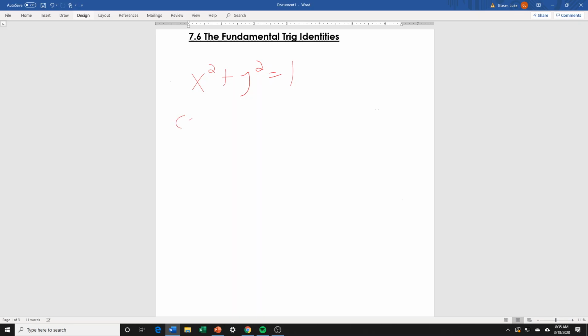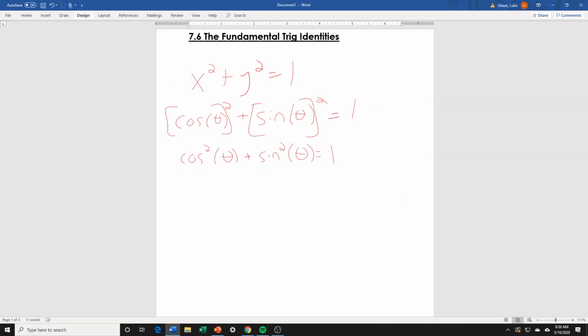Instead of x, it's going to be cosine of theta squared plus sine of theta squared, put those in brackets, equals 1. And because you're going to see it like this, I'm going to rewrite it into the terms they usually use: cosine squared of theta plus sine squared of theta equals 1.